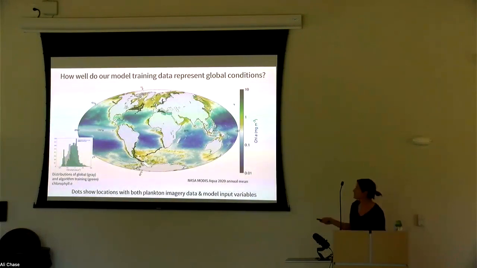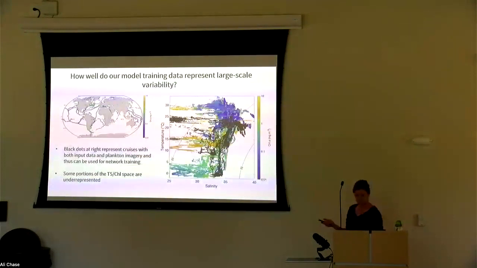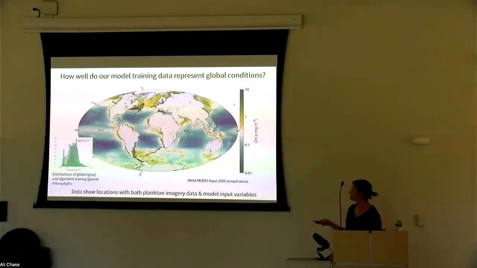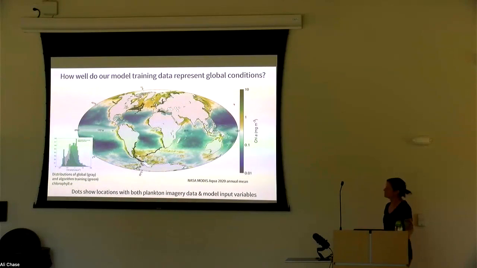So in this example, the background is the MODIS Aqua 2020 annual mean of chlorophyll concentration. And the black dots are all the places where I have IFCB and optical environmental input data. And then the histogram is showing, in the background, the gray chlorophyll concentrations from the MODIS satellite data. And then the green is the chlorophyll from our long track ACS that's used in the algorithm development, and they don't match.